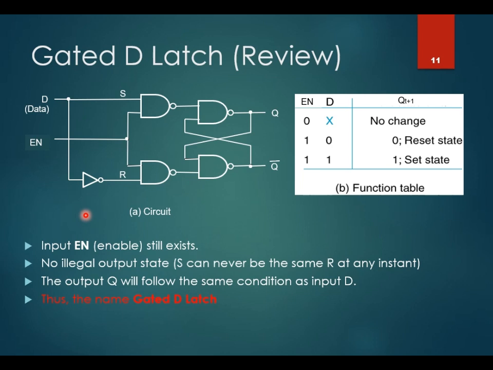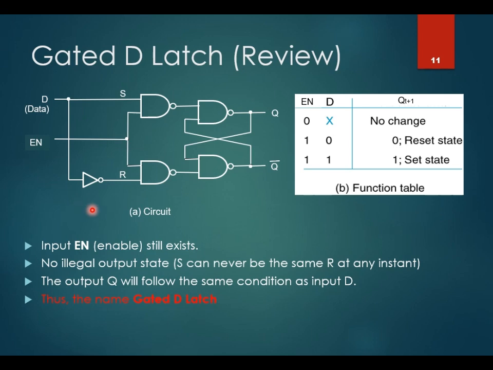When the two inputs S and R are tied together through the inverter, the gated D latch is formed. The gated D latch overcomes the limitation of the SR latch. As you remember, the SR latch has the illegal state or the input S R 1, 1, which is not allowed.